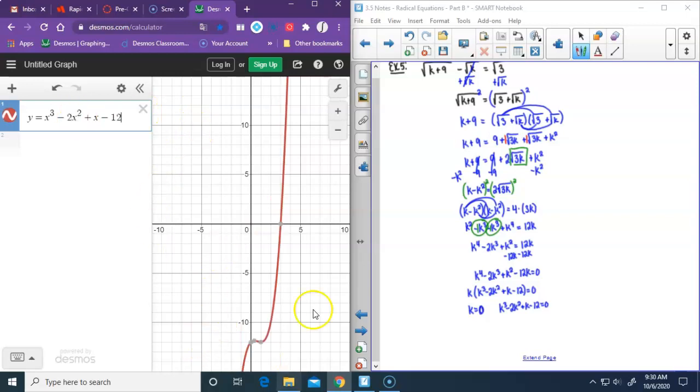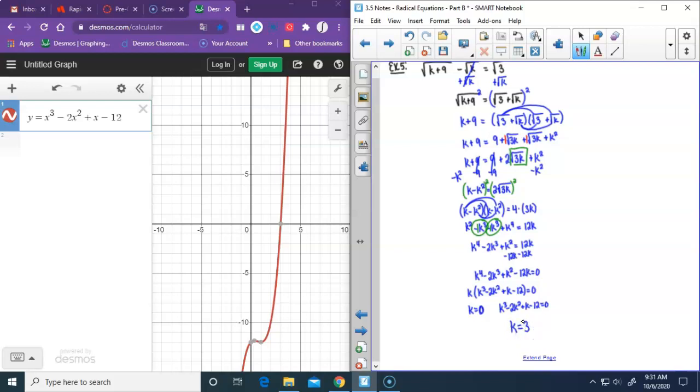We're going to get this equation here, and you can see there's just one place where it crosses the x-axis, where y is 0. So this is where this value equals 0. So you're looking for that x-intercept, and we get 3 for this. So k equals 3 is the answer that we get.